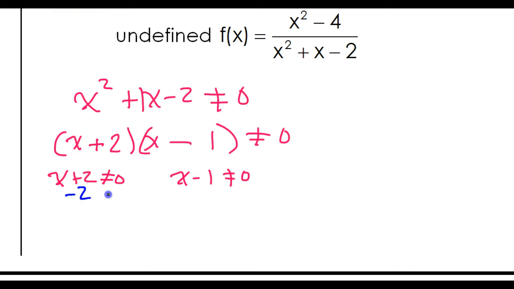Okay, so if I subtract 2 from both sides or add 1 to both sides, that's going to give me the fact that x cannot equal negative 2. And over here I get that x cannot equal positive 1.